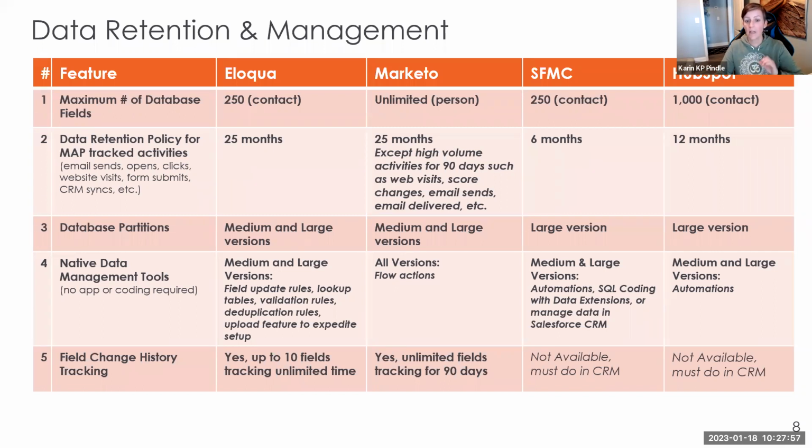Email sends and email delivered activities tied to a person record are examples of their high volume activities, and they get removed from Marketo after 90 days. So it's very important to keep that in mind, especially if you have a shorter sales cycle and want to use Marketo. Doesn't mean you can't use it, but you just have to keep that in mind. We've had customers have to do some workarounds because of that exception.